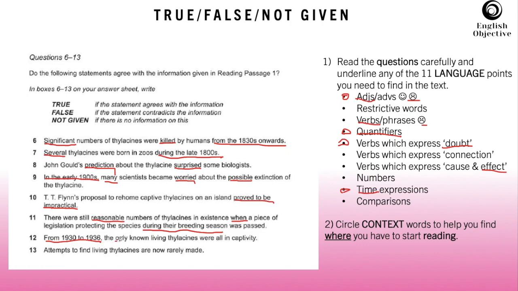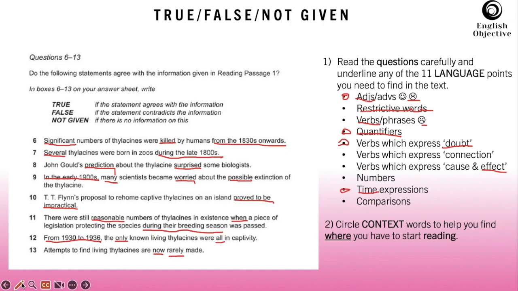The only, so that's a restrictive word, only, except. Known living thylacines were all, again a restrictive word, in captivity. Attempts to find living thylacines are now rarely made, time expression.